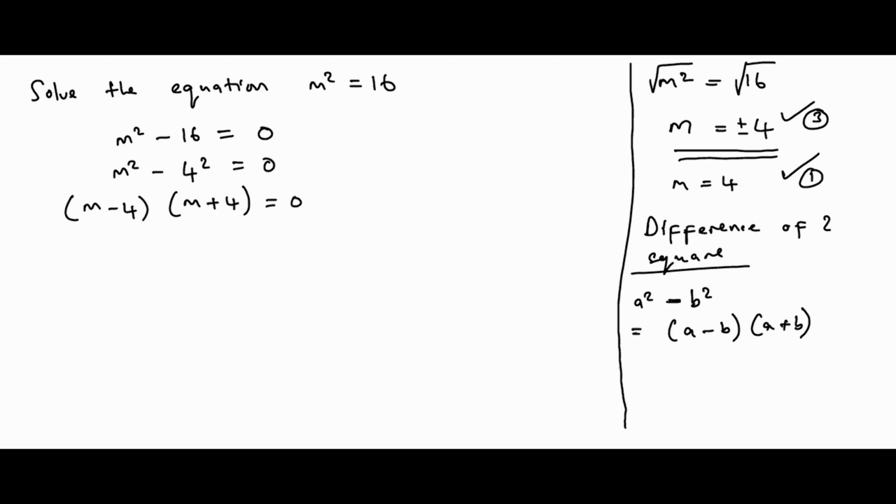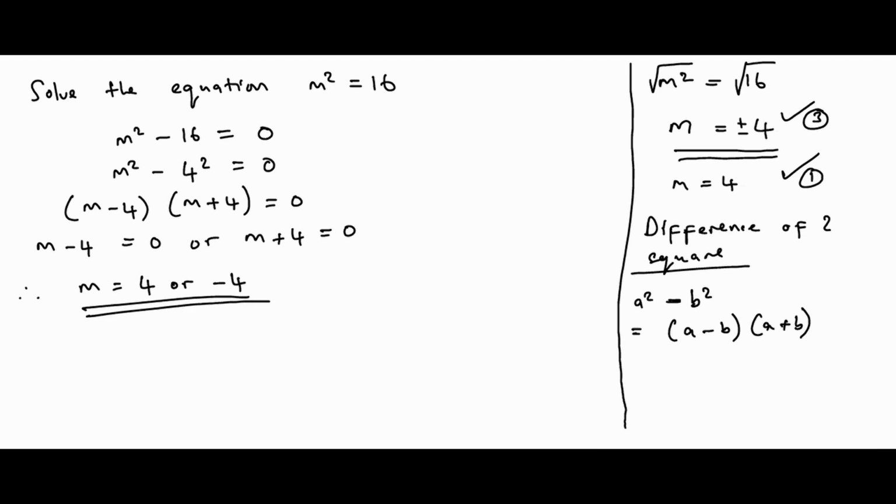This is equal to 0. So todzokera ku the special case of 0 as a product. So m minus 4, the first bracket, is equal to 0, or m plus 4 is equal to 0. Therefore, m is equal to 4, or from the next expression, minus 4.